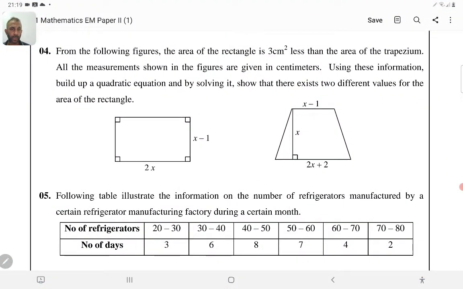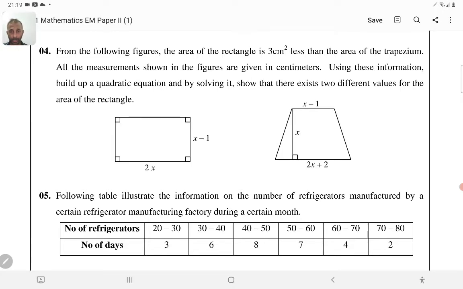All the measurements shown in the figures are given in centimeters. Using this information, build up a quadratic equation, and by solving it, show that there exist two different values for the area of the rectangle. That's what we need to calculate.